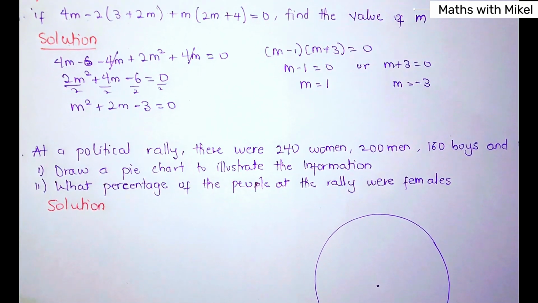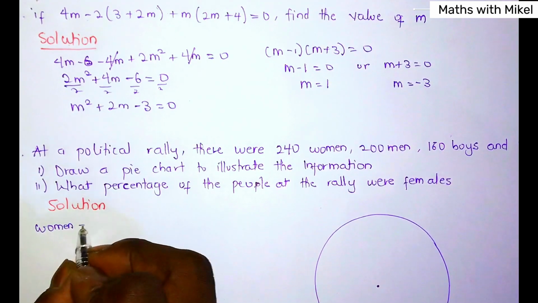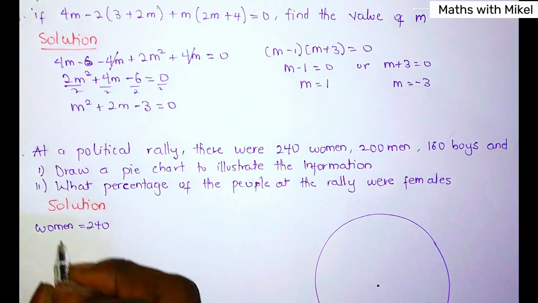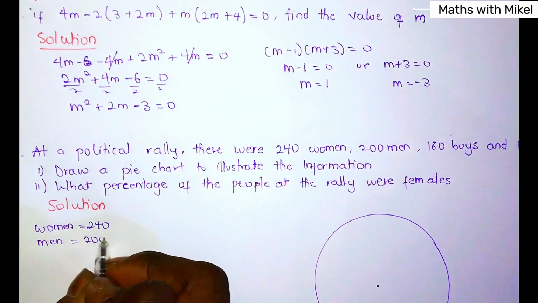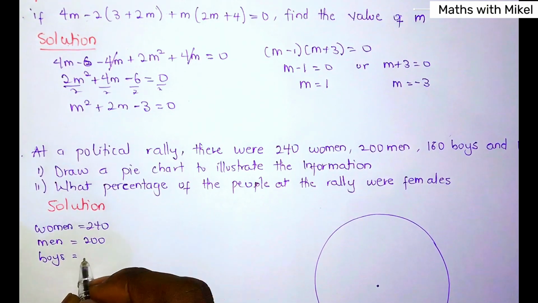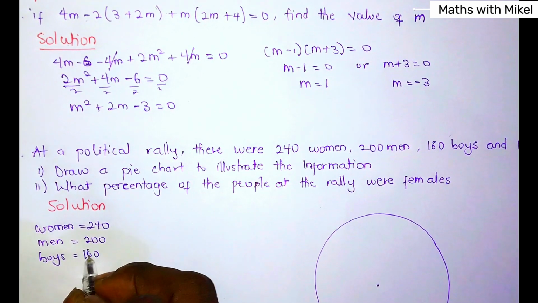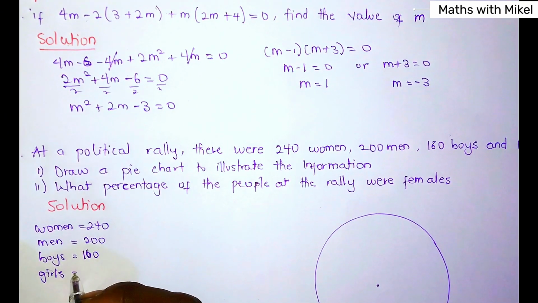So from the question, we know that women, they were 240, men, you have 200 men, boys, there were 160 boys, and girls, the girls were 120.